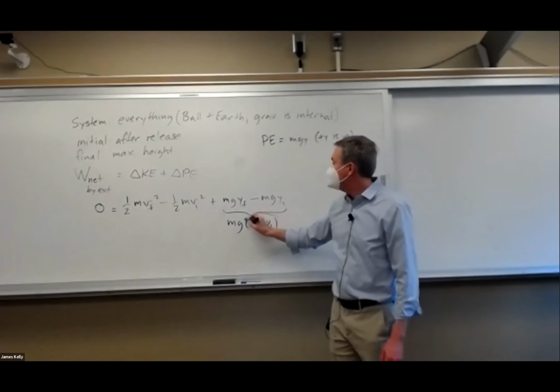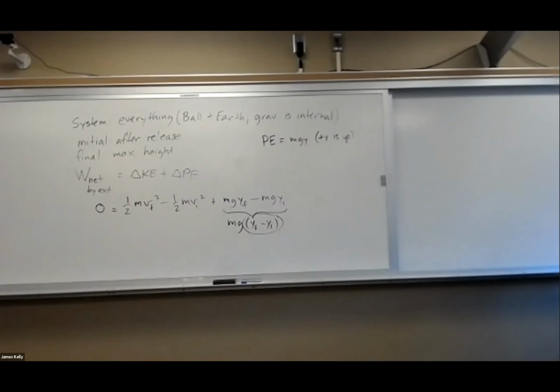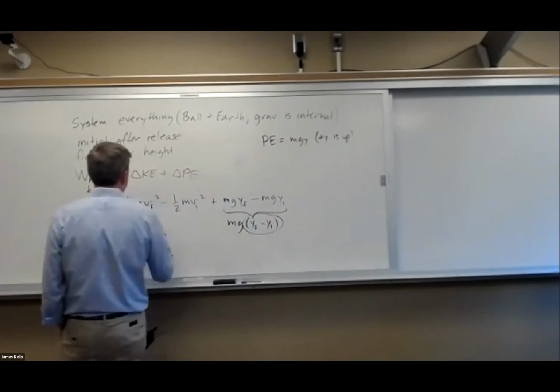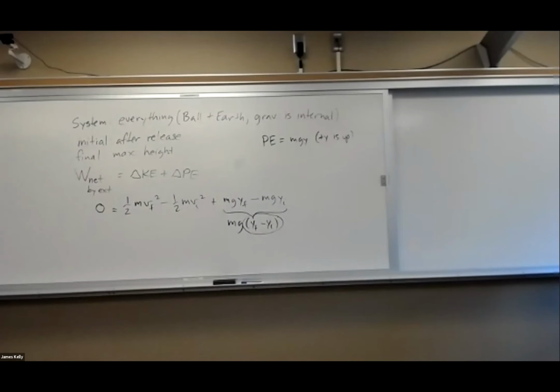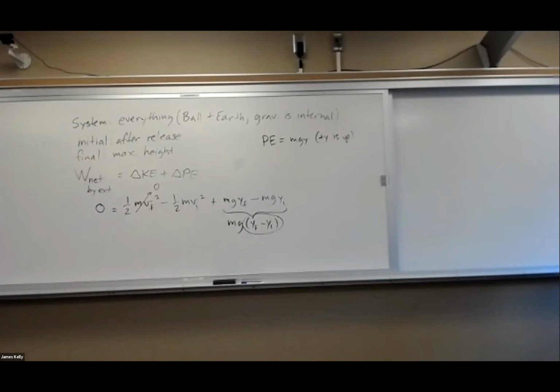And this is our variable that we want to solve for, if you like, how far it went up between initial and final. Okay, what do I know about v final here? It's 0, because my final is when it momentarily comes to rest at the highest position. So let's throw that piece away.